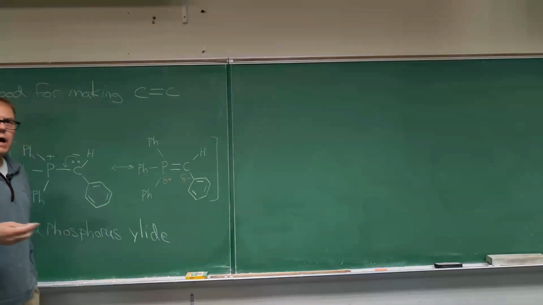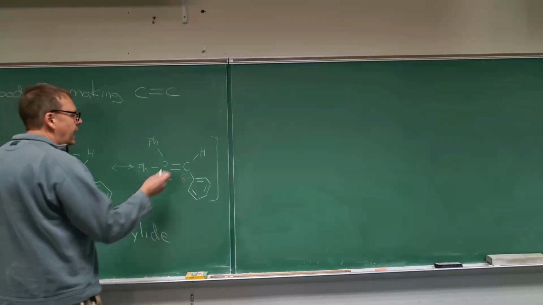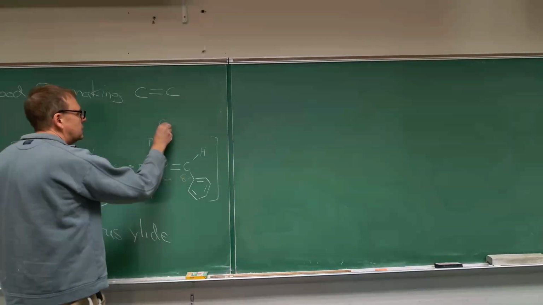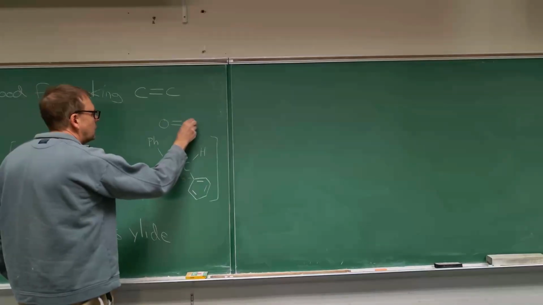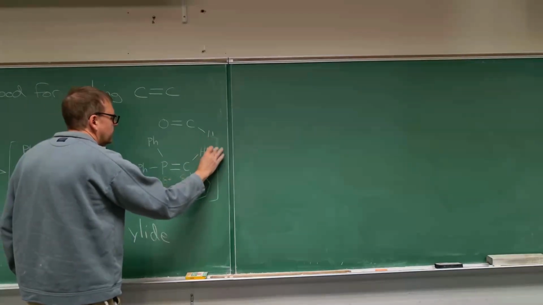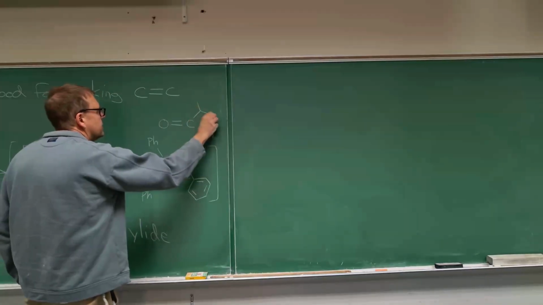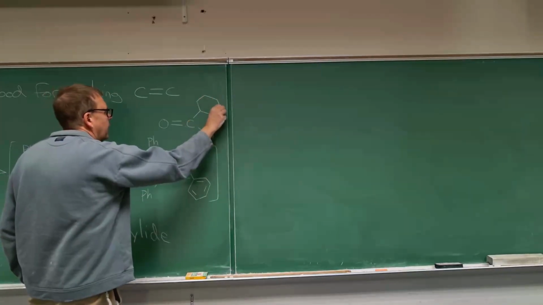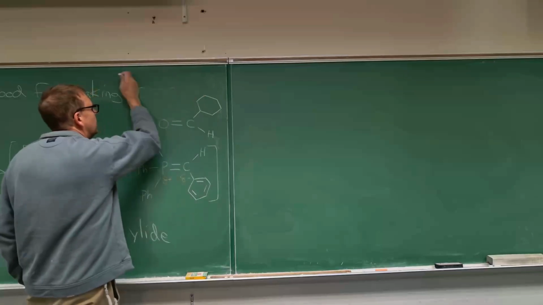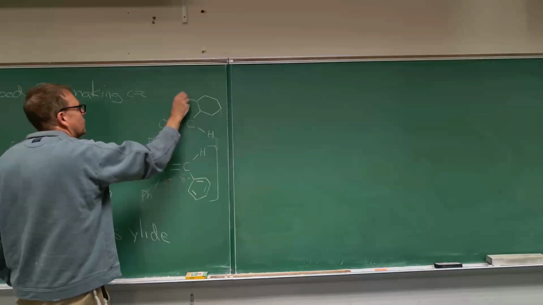And our aldehyde in lab last week was a pretty big one. It had, let me get this bracket down a little bit here, a ring system that was pretty complicated. It doesn't have to be a giant aldehyde like this, but this is what we did in lab.